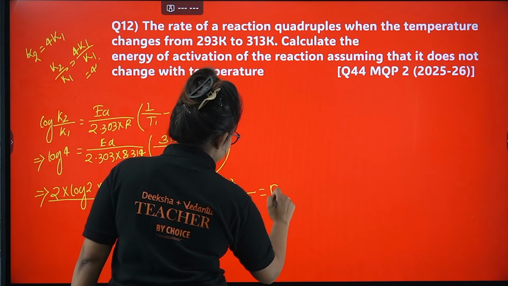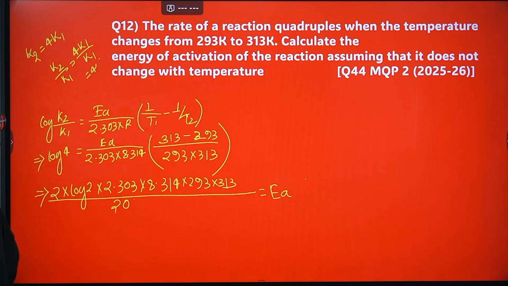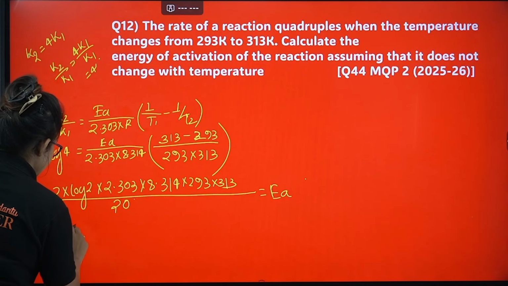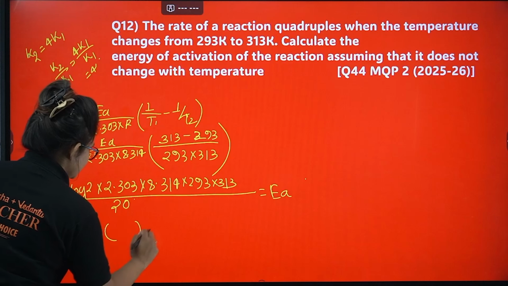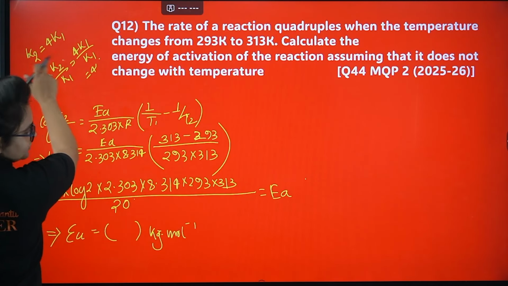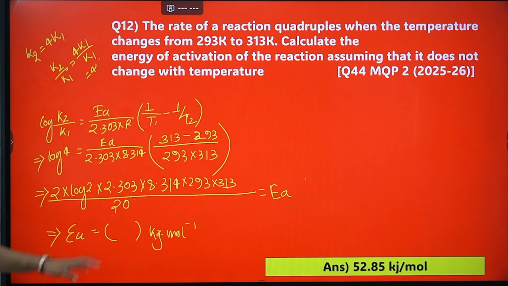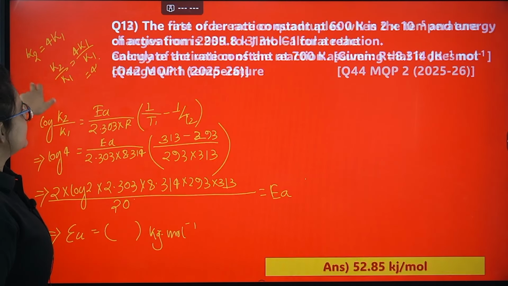That is your activation energy. Okay, kilojoule per mole you can calculate. So the answer is 52.85. I guess that's clear. Let's go ahead.